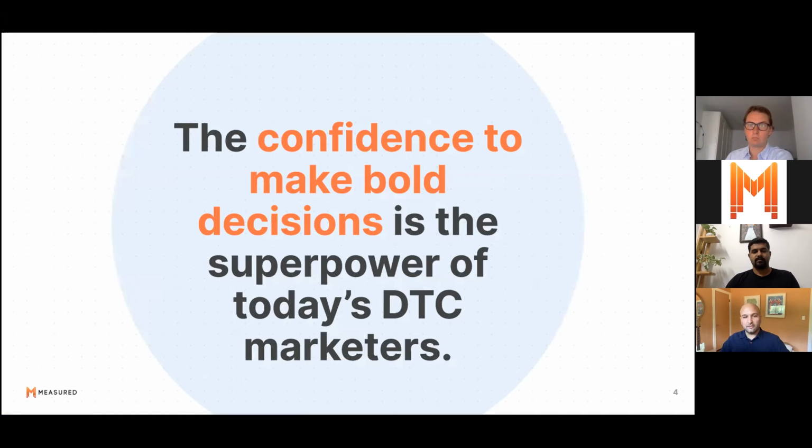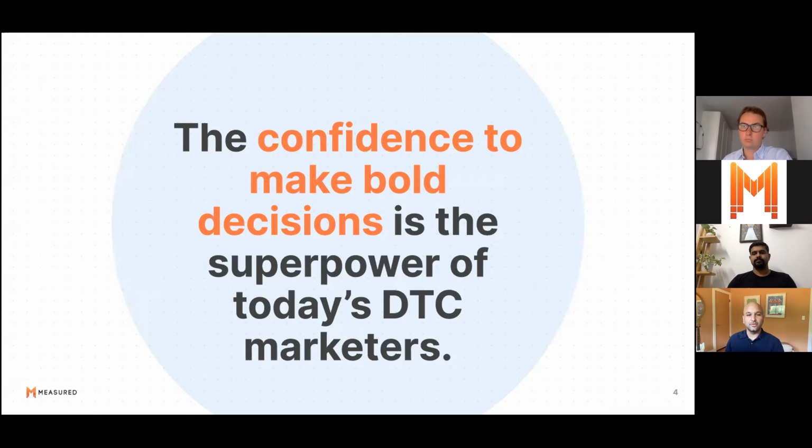First, just to start everybody off with a concept that we take near and dear to our hearts and that we find is true for a lot of the brands we see making really big moves in market who are finding a lot of success. It's that the confidence to make bold decisions is the superpower of today's D2C marketers.